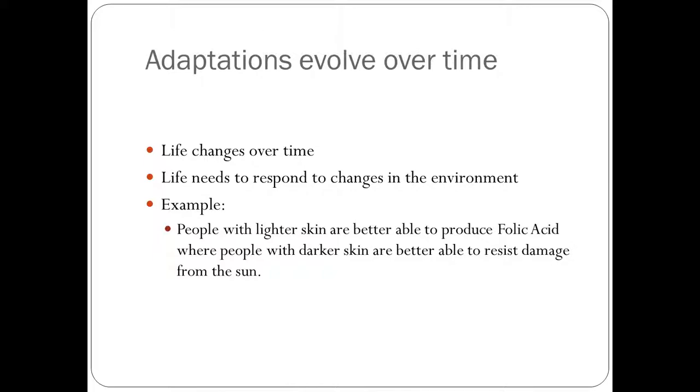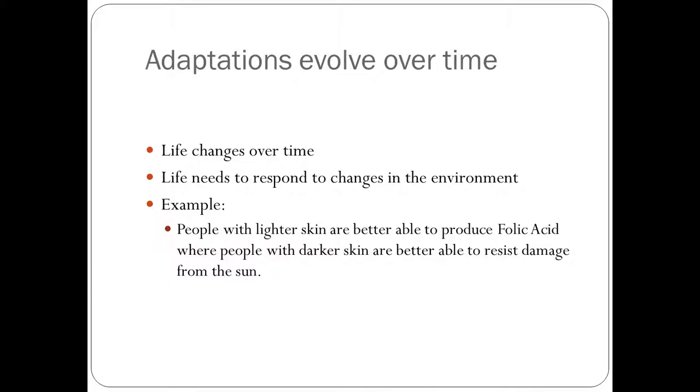If your skin is too white, then you are very susceptible to damage from the sun and you have a very high likelihood of getting cancer. If your skin is too dark, then you're not going to make enough folic acid if you don't get enough sunlight. So people who have darker skin are better protected from skin cancer, but they have a harder time making folic acid. So these adaptations, they come from their parents.